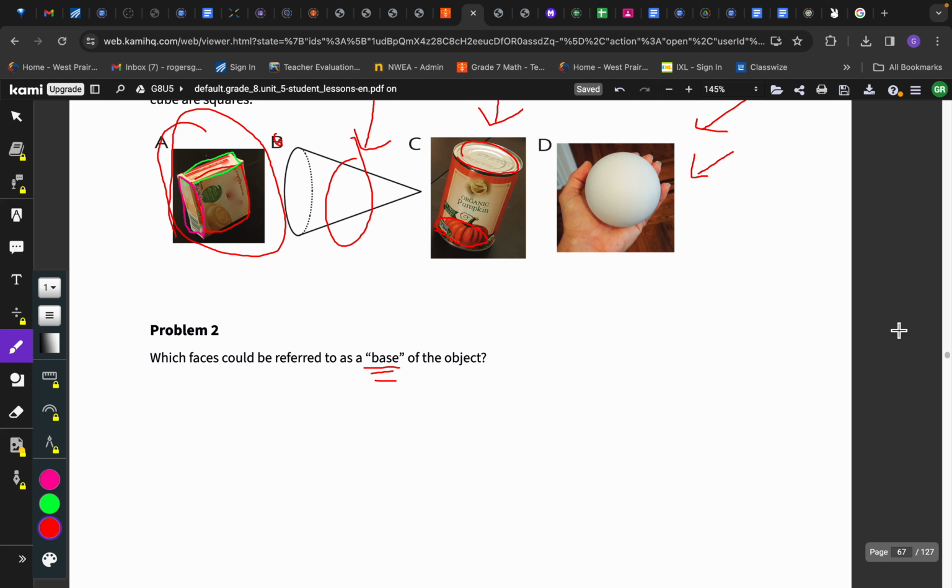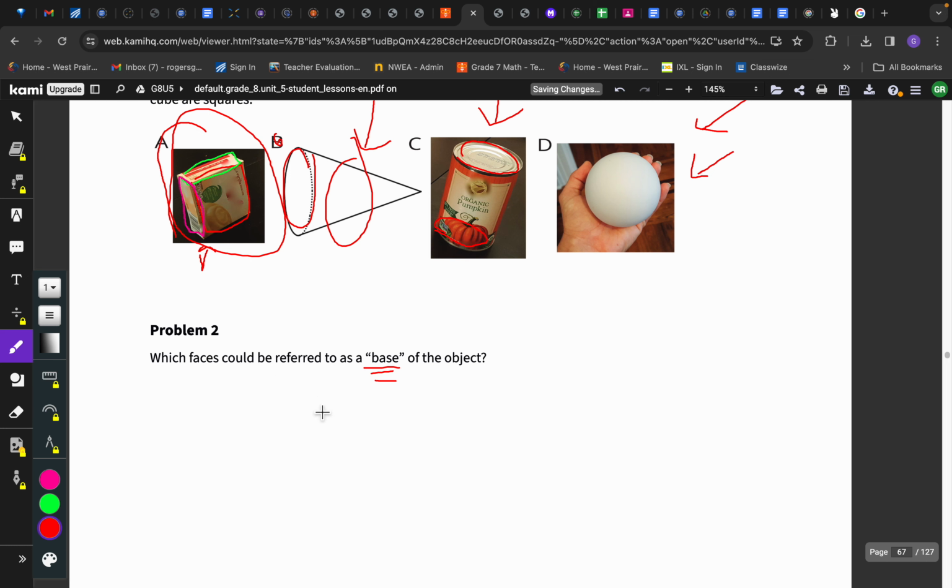So it says, which faces could be referred to as the base of the object? Well, for A, any of these rectangles, any rectangle works as the base because it'll sit flat and nice and firm. B, on the other hand, if you want to know the base, it's kind of like saying, how could you set this down on a table without it rolling away? Well, that means that the circle is considered the base.